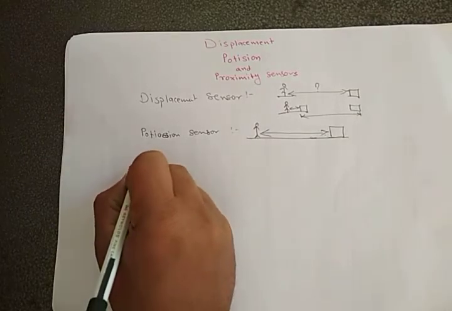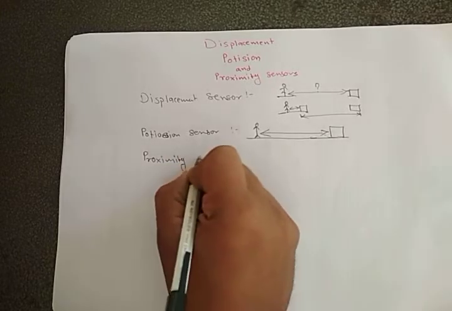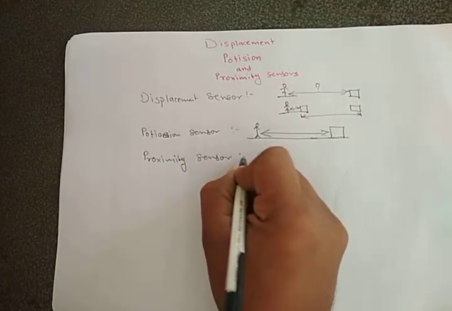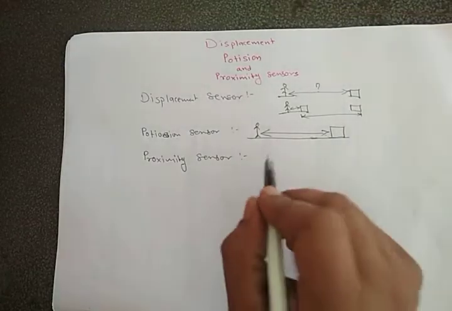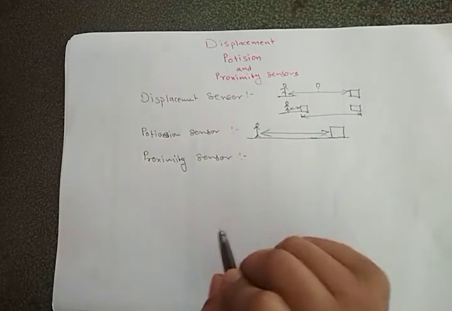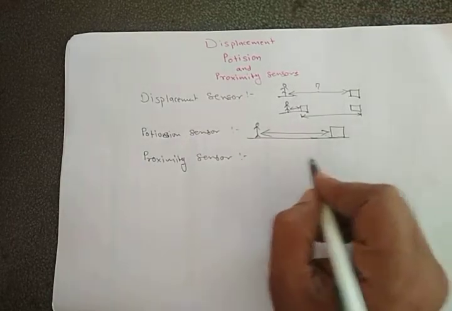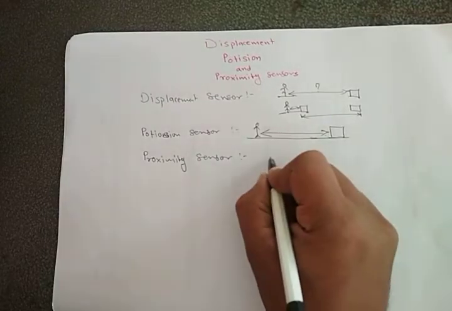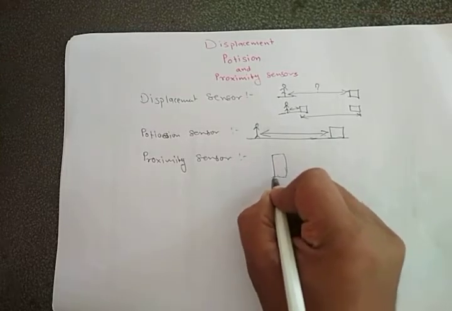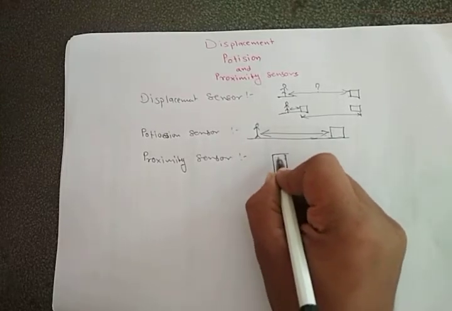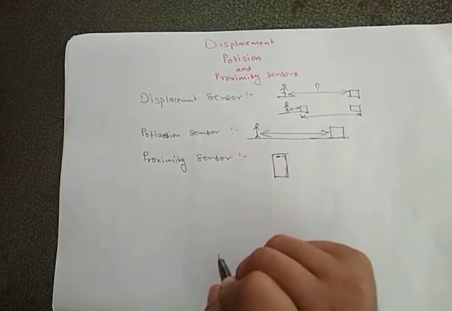Now we come to the next, the proximity sensor. This is one type of position sensor itself, but here one certain limit is there, so that you can measure the position of any object within that range. For example, this is your mobile, and near your speaker there are some sensors like this.